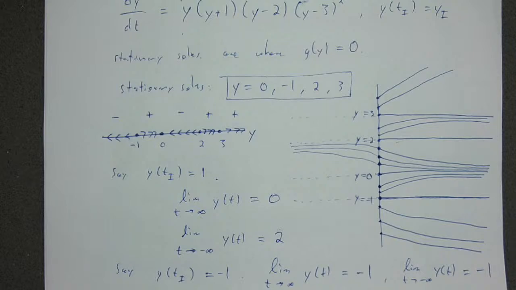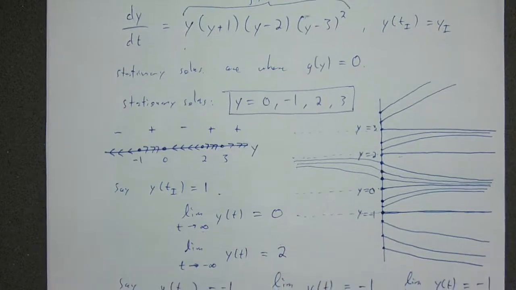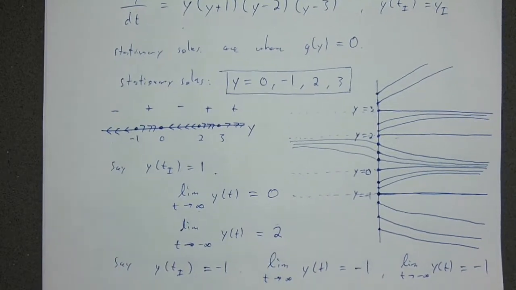If you want point-wise values spat out to you of what a solution is, you would actually have to solve this thing. So this is something that's lower tech. We didn't have to solve anything here, but we were still able to figure out quite a bit about what these solutions look like.